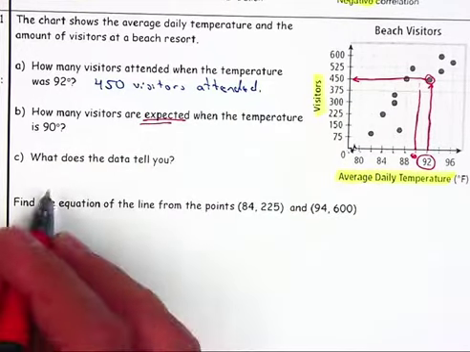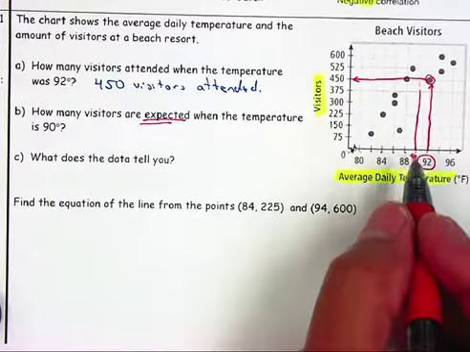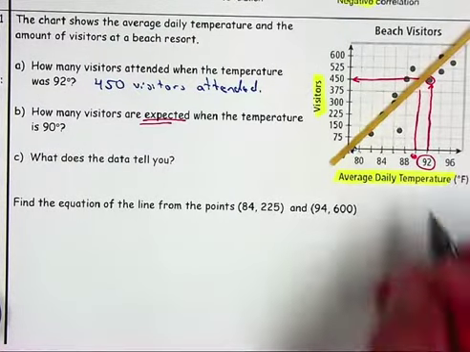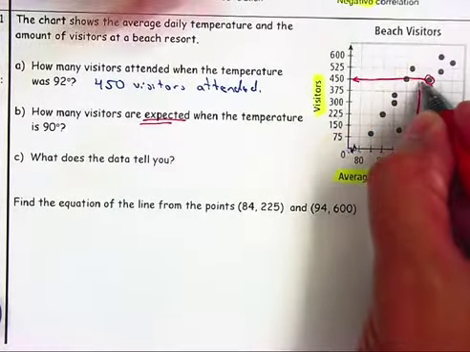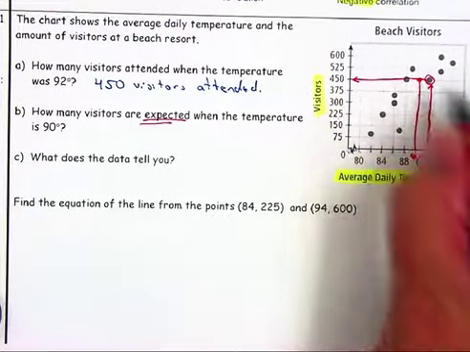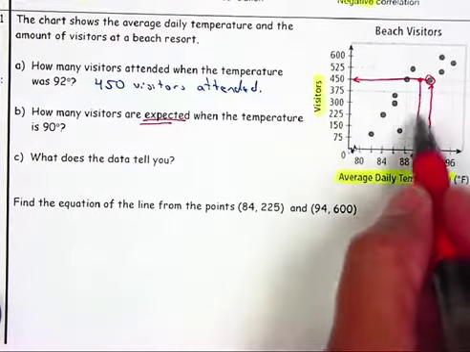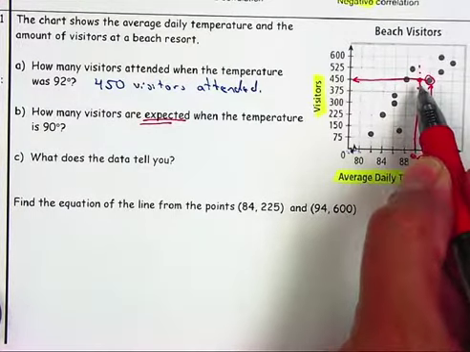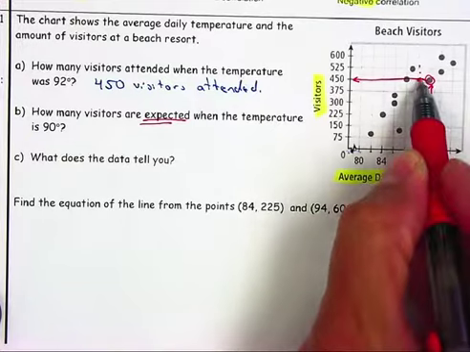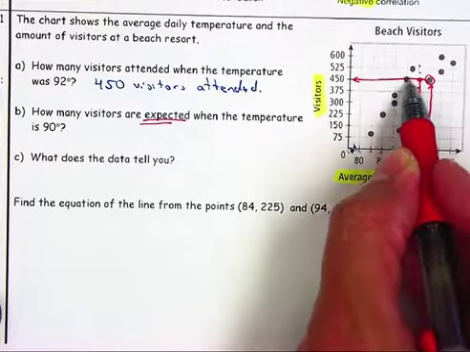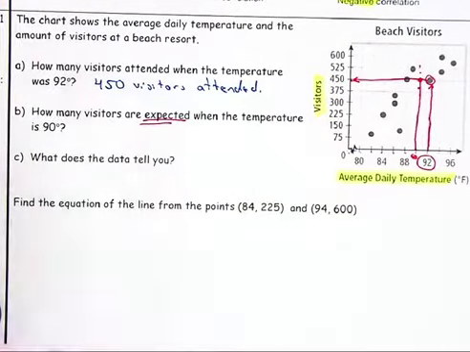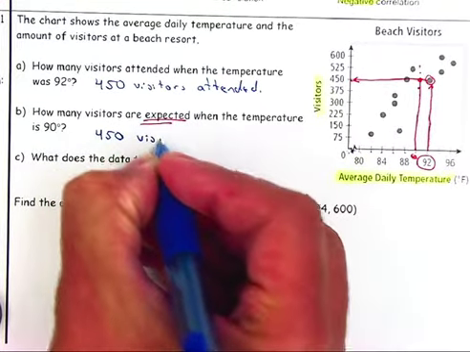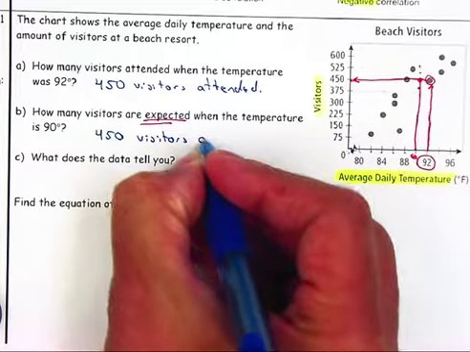So even though we didn't find a point, if you can imagine a line that goes through most of the points, it probably will be around here as well. Now if you give me this point, this point, this point, or this point, that should be fine. In this case, for 90, I'm going to select this point, even though there's none, and there will also be 450 visitors expected.